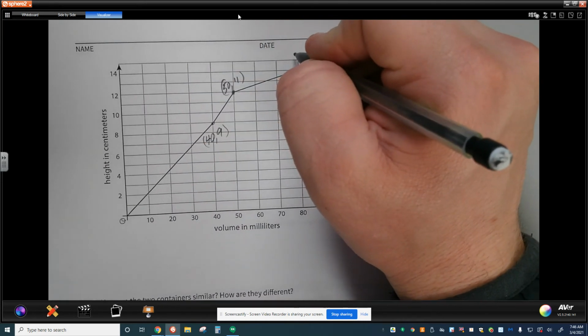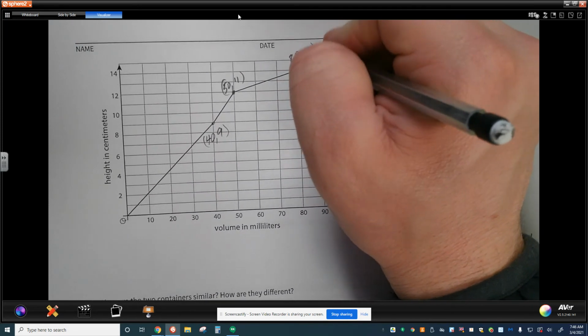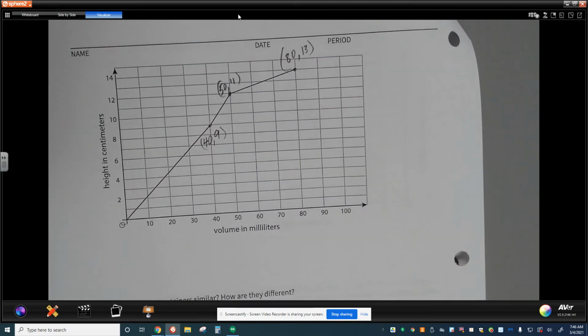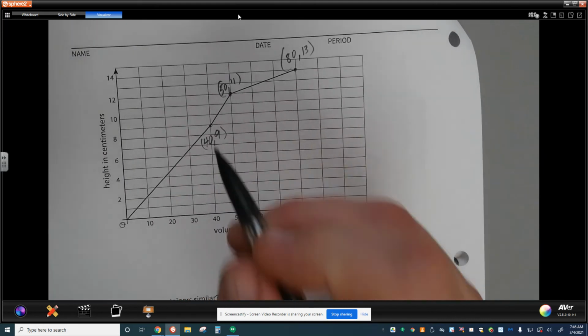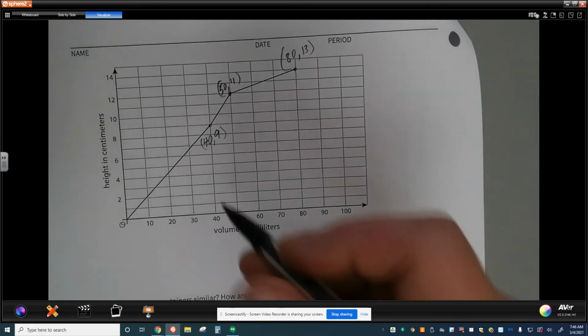And then the last one, 80 milliliters, is 13 centimeters tall. And we see that those are all filling at 3 different rates. So we would have to say there's 3 different containers. What those containers would have to look like is you'd have a really tall, skinny one for the bottom, for this one right here.